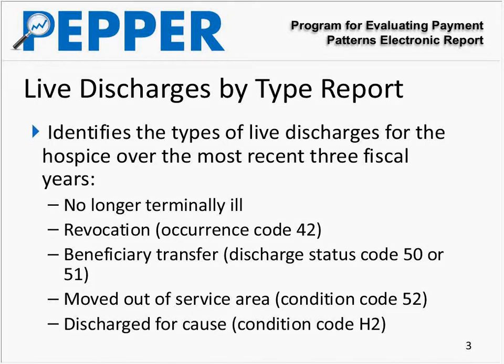And we'll identify for you the live discharges at your hospice in these 5 categories: no longer terminally ill, beneficiary revocation, beneficiary transfers, instances where the beneficiary moved out of the service area, and when the beneficiary was discharged for cause.